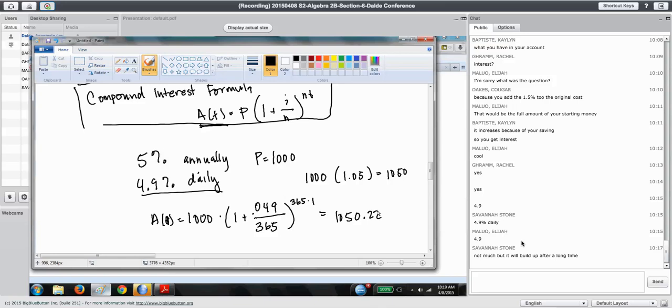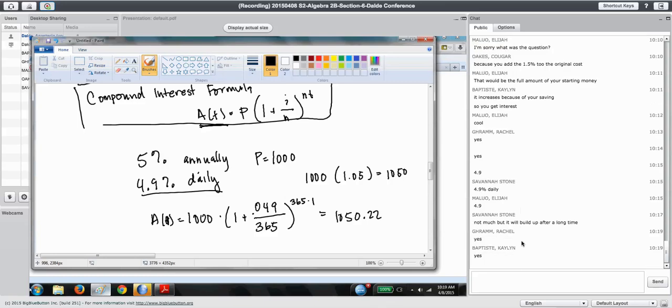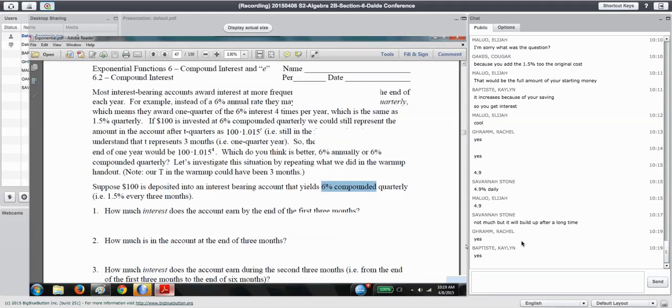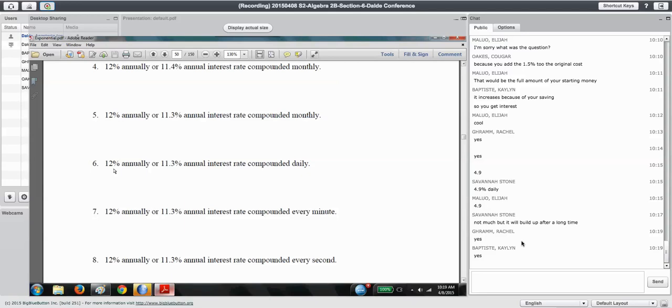All right, so let's try one of these problems, because I know I'm going to assign you these problems. Let's try a random one. Okay, let's see. Oh, this is where you're comparing 12% annually or 11.3% daily.